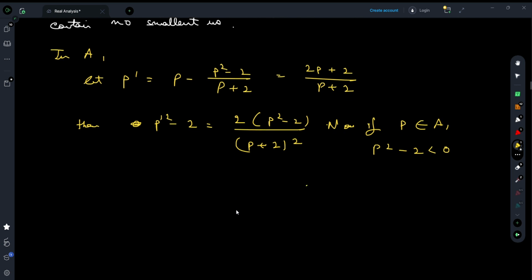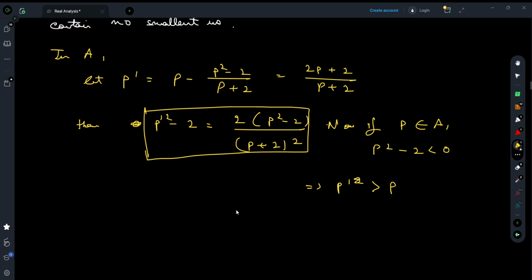Now, if p is in A, then p square minus 2 is less than 0. If p square minus 2 is less than 0, then what do we get? This is very simple here. p dash will be greater than p.